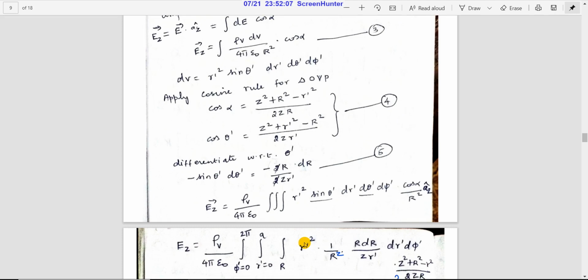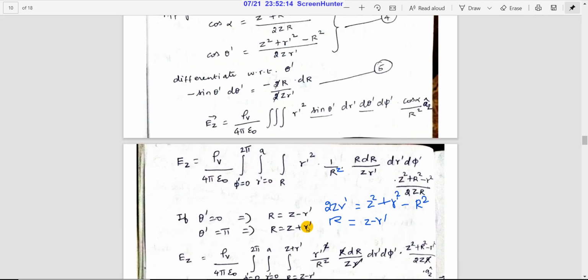So you will be getting r dash square sin theta dash dr dash d theta dash and d phi dash. So we are having the triple integral.